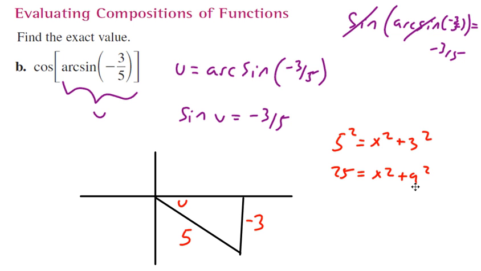If I subtract 9, I get 16 equals x squared, so 4 equals x. That's our special 3-4-5 right triangle. So all I have to find is the cosine of u. Cosine is adjacent over hypotenuse, so the cosine of u is going to be 4/5.